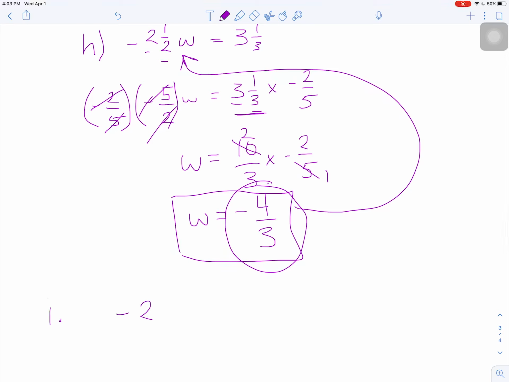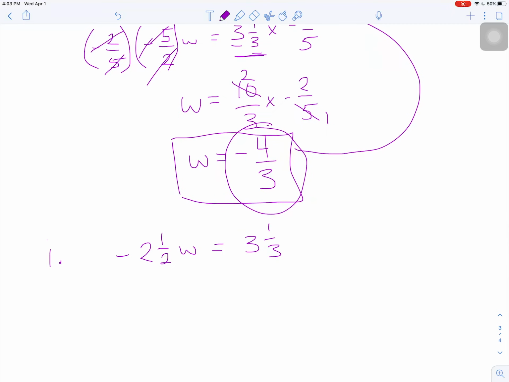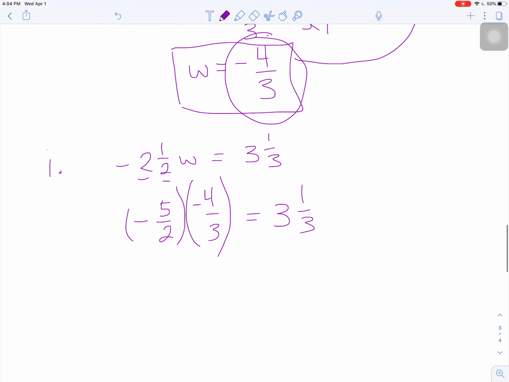So negative 2 and 1/2 W equals 3 and 1/3, let's add that number in there. So let's make this into an improper fraction. So that is negative 5/2. And we'll put negative 4/3 in here. So we're going to multiply those together, equals 3 and 1/3.